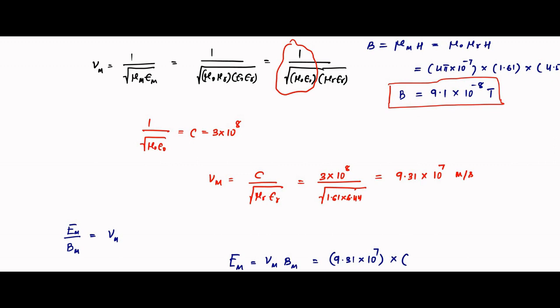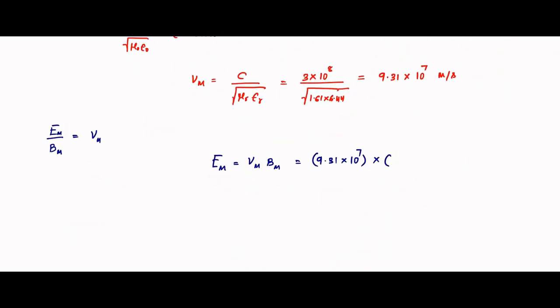This is basically Bm, mu m H or mu 0 mu r H. So simply we put this value here, 9.1 into 10 to the power minus 8, and it is coming around 8.48 volt per meter or Newton per coulomb, in whichever units you want to express it.